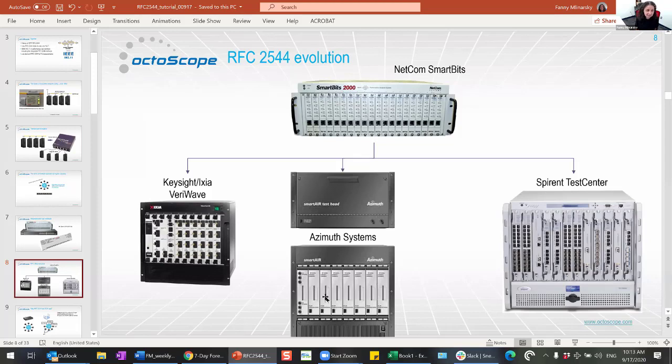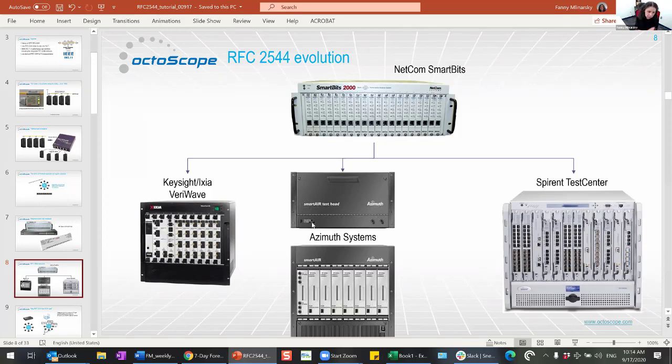And we also created a chassis-based system, but we went one step further, and we had completely RF isolated modules, and we had these test heads. You see these test heads, so you can put your device into isolation. Now, these guys haven't yet realized that they will need isolation, but Azimuth already knew that.